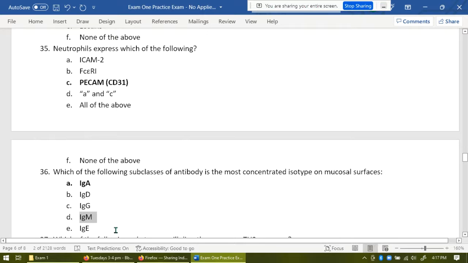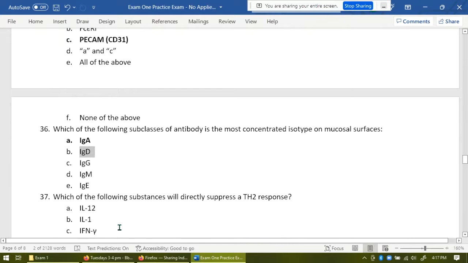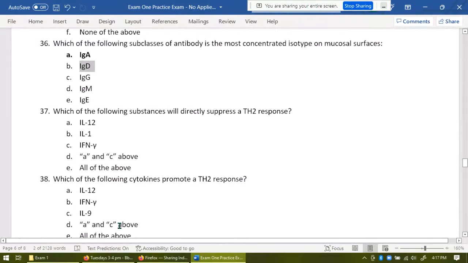IgM, that one is also in the blood and it does the classical pathway and it's a pentamer. IgE, that one is on mast cells and basophils and it binds to parasites and allergens. IgE causes allergies. IgD isn't as important as the other ones, but it's on naive B cells and it doesn't get secreted, so it really doesn't have a function in defense.